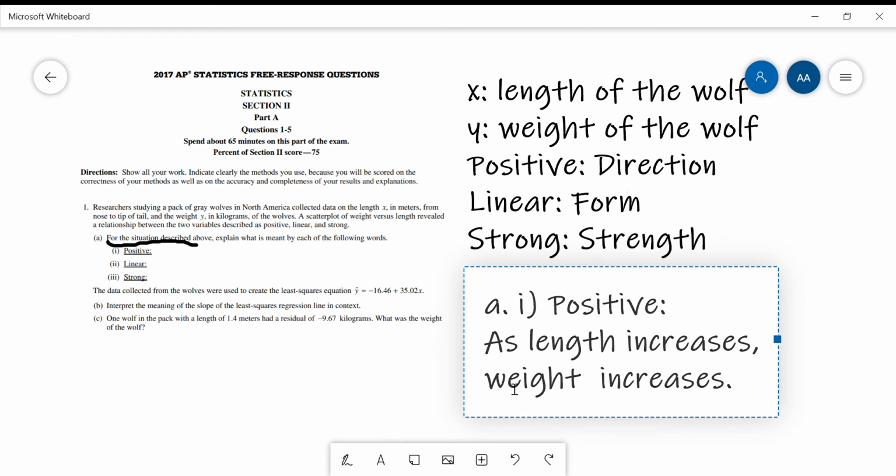And you could say weight of the wolf. That might be better if you are on a time crunch. This is probably good enough. But if you want to say as length of the wolf increases, weight of the wolf increases, that is completely fair too.